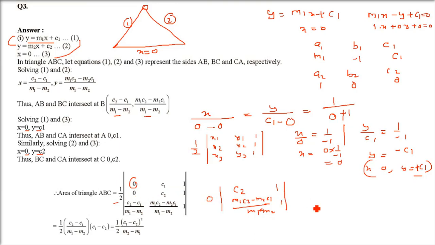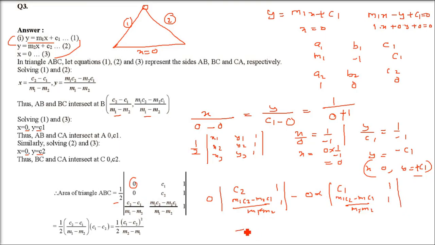Now coming to the other one, 0. Since I am taking 0 in the column, the sign will be negative, so the signs go plus, minus, plus. So 0. Now this is the row and column, so I am not going to take any values from this row and column. What is left? c1, 1, and m1 c2 minus m2 c1 by m1 minus m2, here also 1.